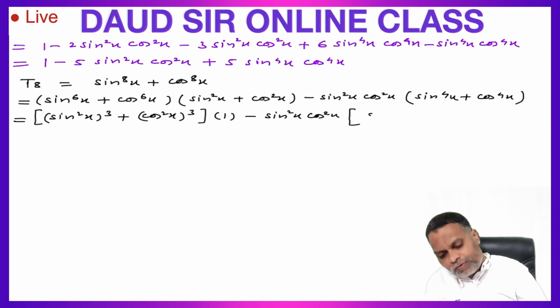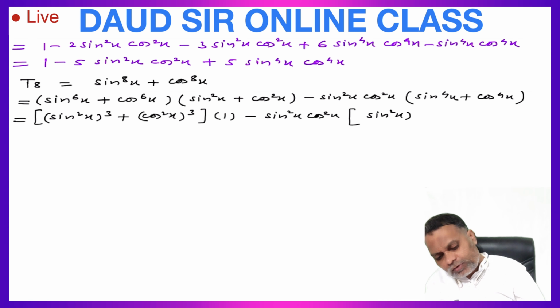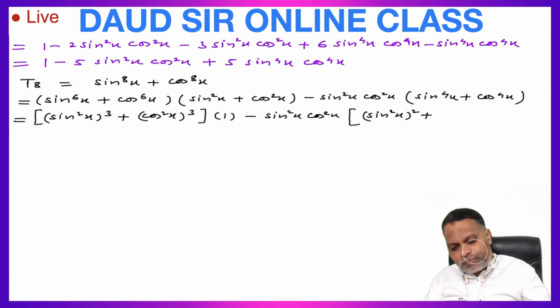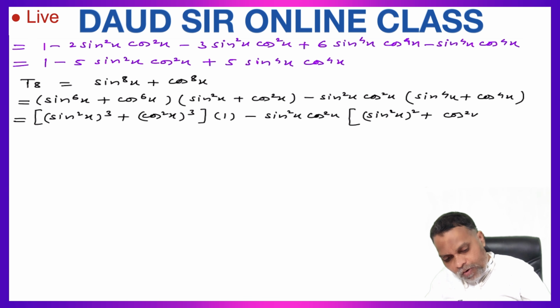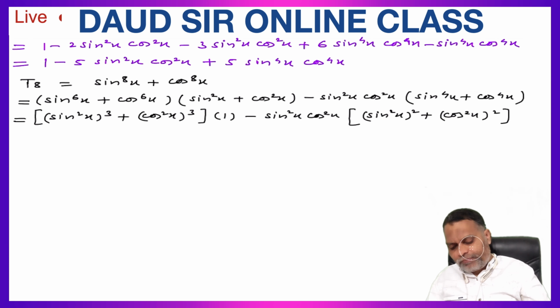this sin raised to 4x, we can write sin square x whole square plus cos raised to 4x, cos square x whole square.